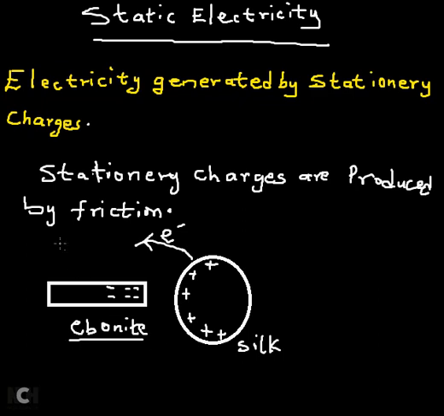So the origin of electric charges comes from the transfer of electrons. When a material is rubbed on another, one loses electrons while the other accepts them. The one that loses electrons becomes positively charged, and the one that accepts electrons becomes negatively charged. Please take note of that.